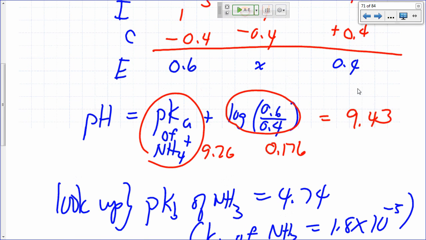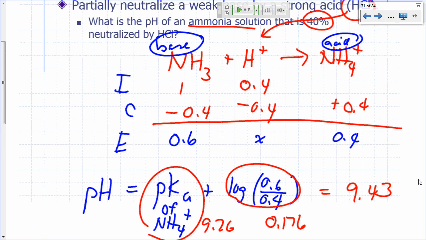Now, let's see if this is reasonable. One way that might help you out during tests is to see if numbers are reasonable. If the pKa is 9.26 and you have more of the base compared to acid, you would expect your pH to be more towards the basic side of pKa, so higher than pKa.